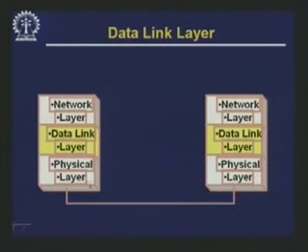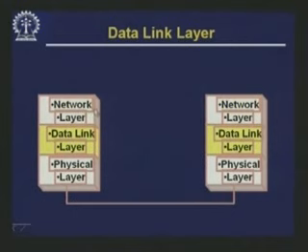So, this is one node and this is another node. Above this, of course, there may be other layers. We are not concerned about these upper layers at the moment. So, this gets some data to be sent from the network layer, and this data link layer sends it to the next data link layer. Remember once again that the network layer is concerned with transfer of data across the network. That means, it may take several such hops, but data link layer is just concerned with a single hop. So, this is how we simplify the problem of going multi hop.